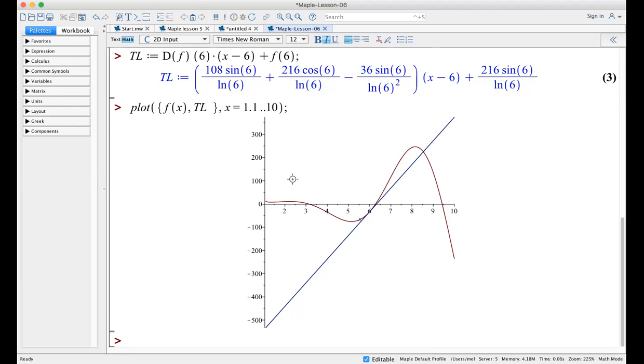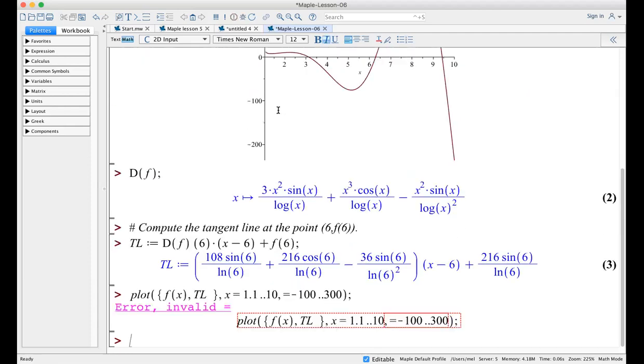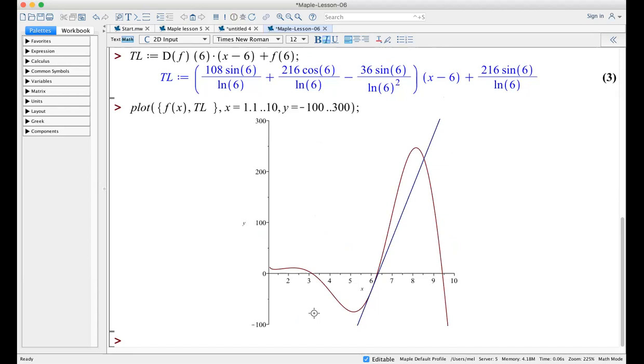If I want to blow this up a little bit, I can also put limits on y. Maybe y goes from minus 100 to 300. There we are. So here is this interesting curve, and there is the tangent line.